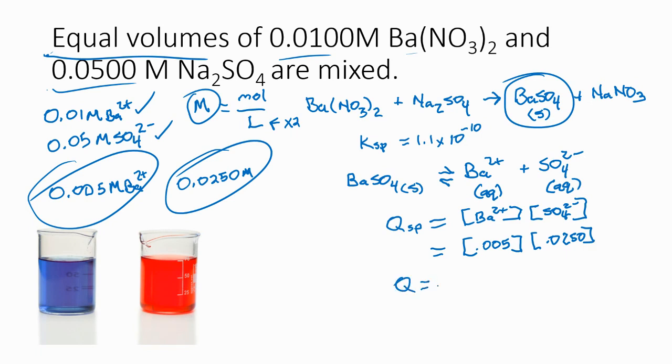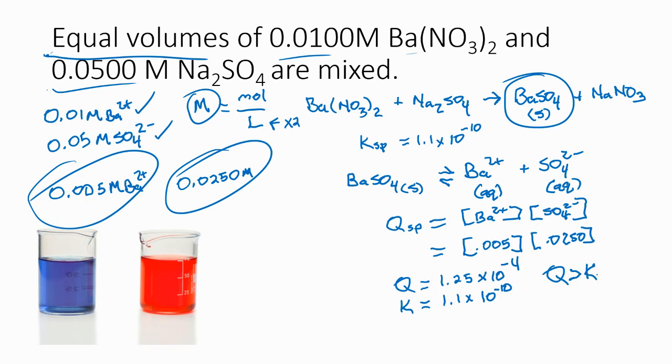Q equals 1.25 times 10 to the minus 4. Think about what K is. K is 1.1 times 10 to the minus 10. So clearly here, Q is bigger than K.